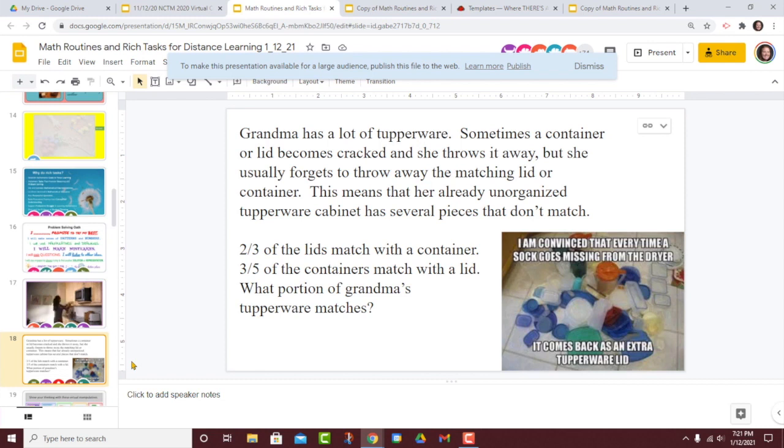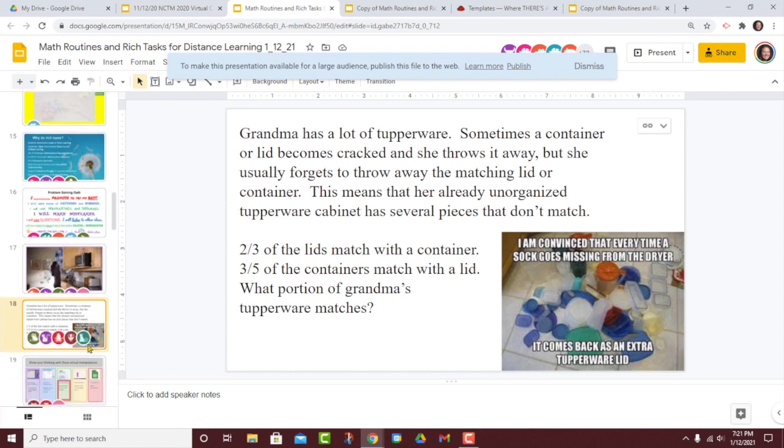After taking an inventory, we found out that 2/3 of the lids match with a container, and 3/5 of the containers match with a lid. We want to know what portion of Grandma's Tupperware matches.